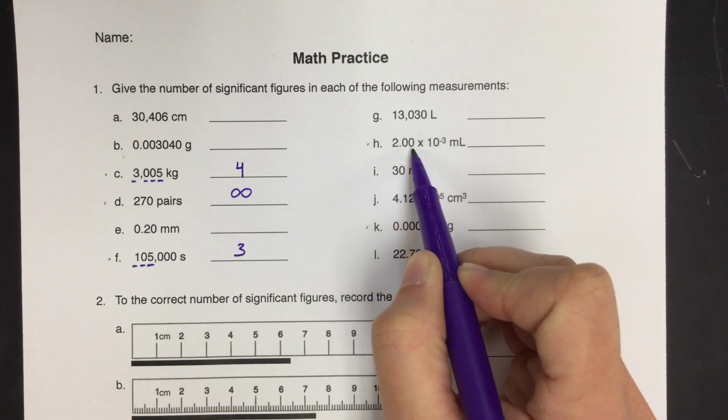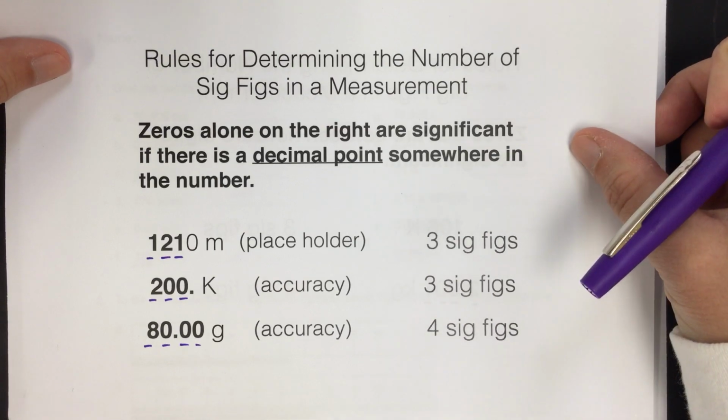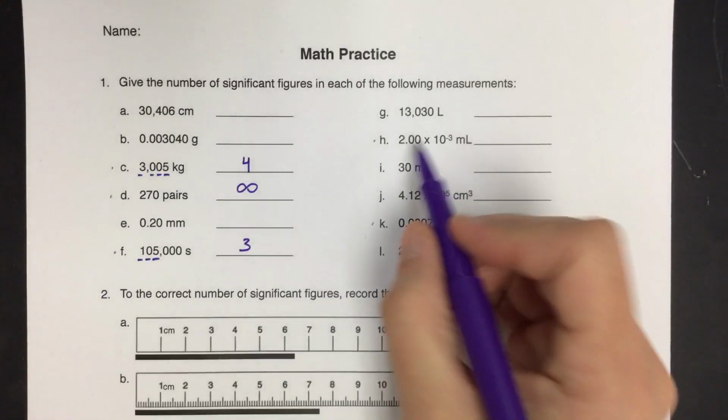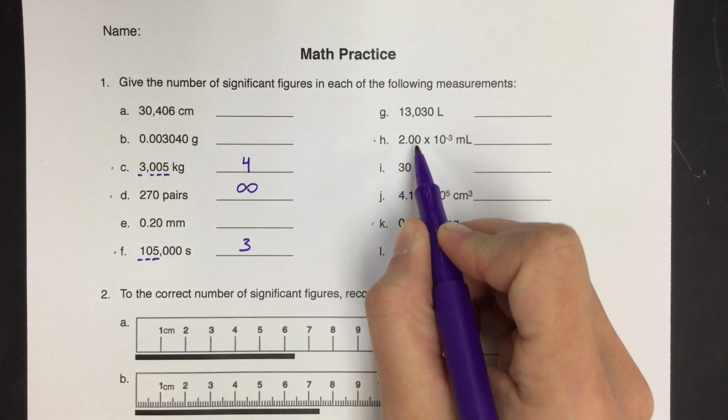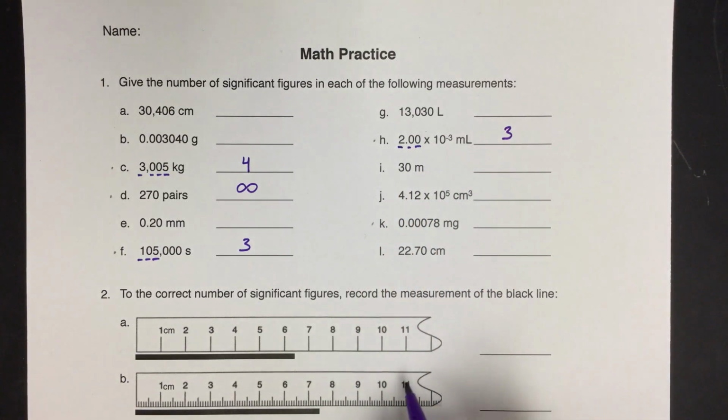And this number, 2.00, also has zeros alone on the right. So if we look back at that rule, if there's a decimal point, the zeros are significant. So since there is a decimal point in this number, it makes those zeros significant because they're showing accuracy. So here, all 3 of those digits are significant because of the decimal point.